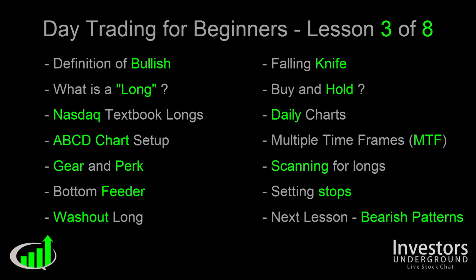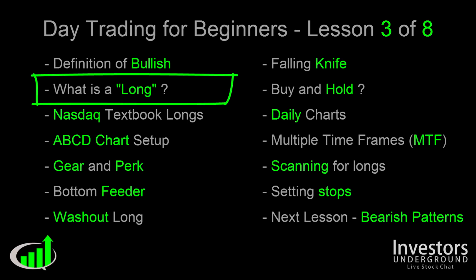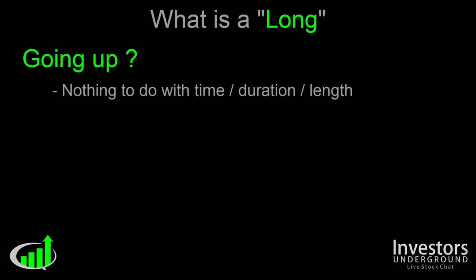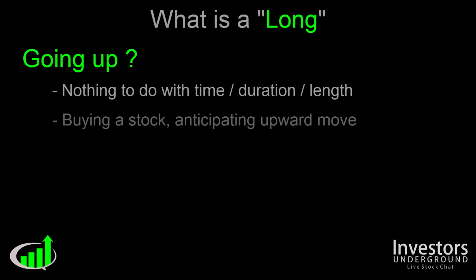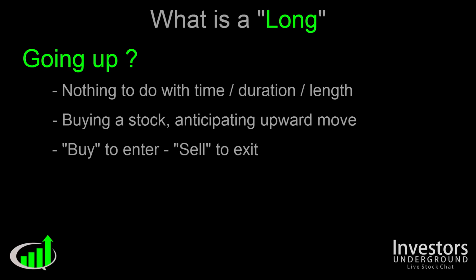So the bulls look to get long, and in the market, long doesn't have anything to do with the time or duration or length that you're in a stock for. Long just denotes which direction you're playing the stock in. Long denotes somebody who buys a stock anticipating an upward move. To enter a position, you would buy, and to exit the position, you would sell.